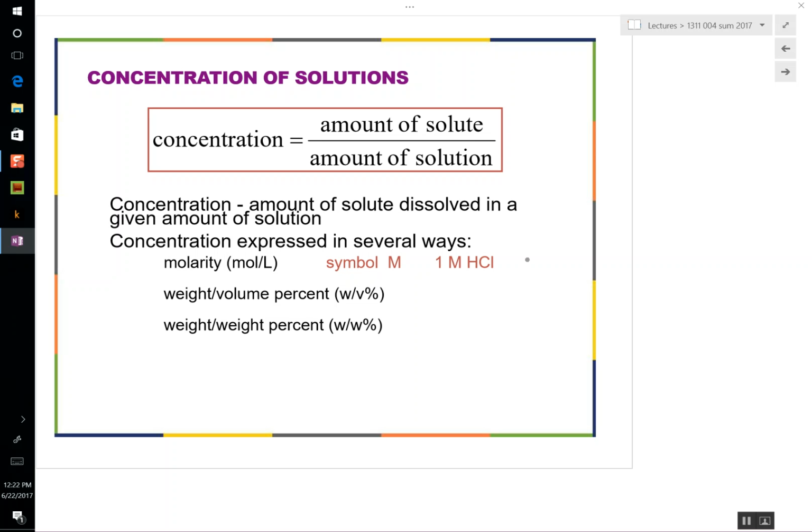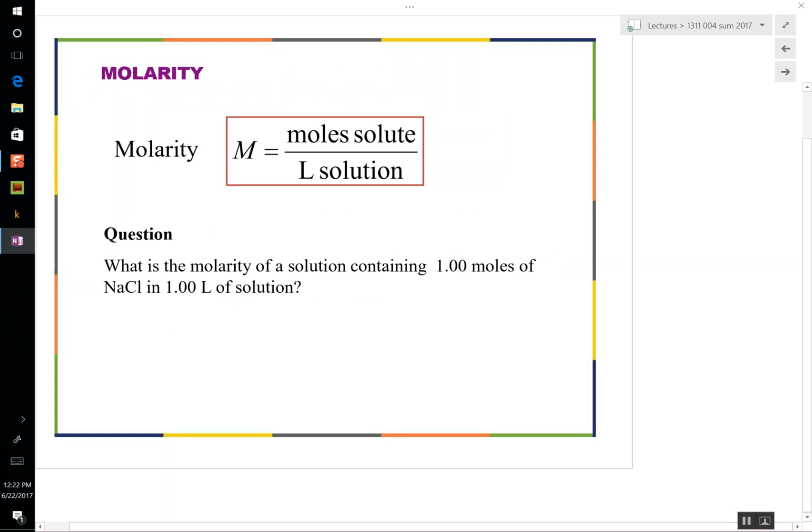All right, molarity. Moles per liter. Now, you probably saw this on the slides in the other lectures, but just so you see it up close and personal.